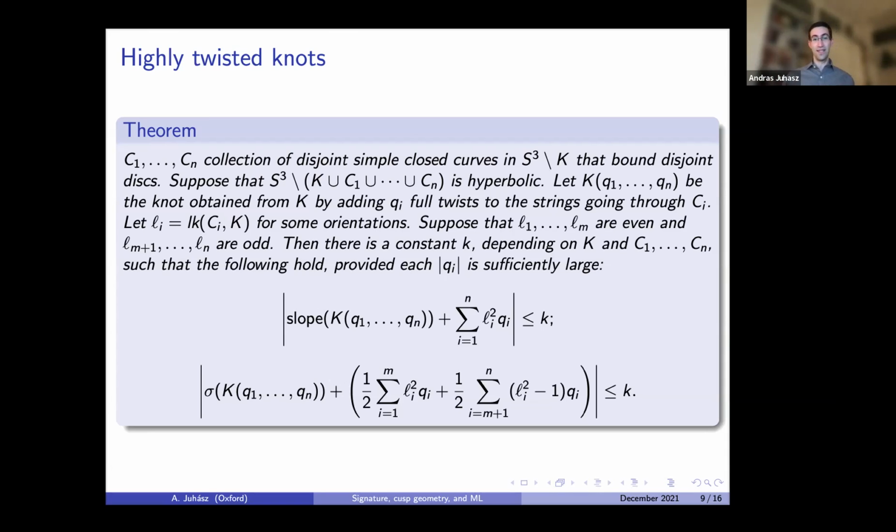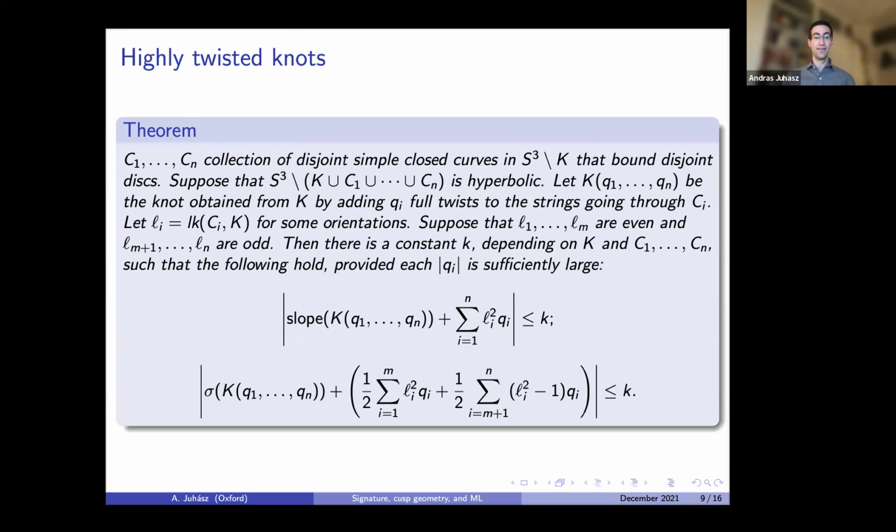And so the statement is that there is some constant K, which depends on the knot and the circles C1, ..., Cn, such that for qi sufficiently large, the slope plus the sum of Li squared times qi, in absolute value, is at most K. So this shows how the slope changes asymptotically as the number of twists gets very large.